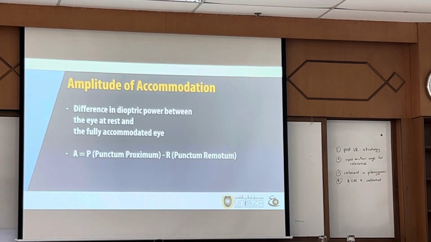So the formula is: amplitude of accommodation is equal to punctum proximum, which is the point at near, minus punctum remotum, which is the point at distance.